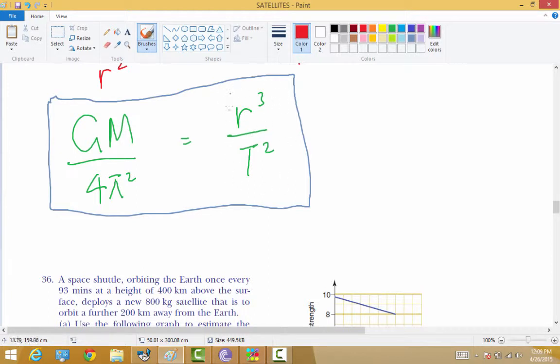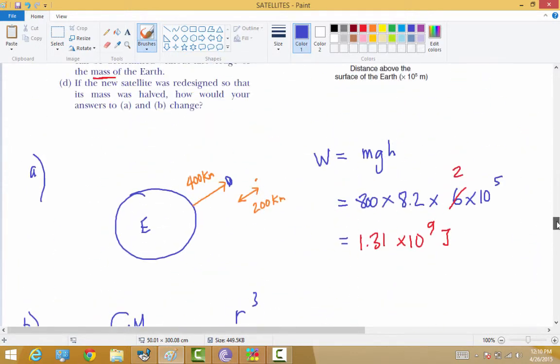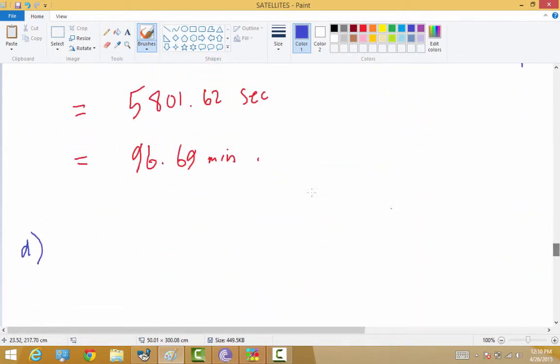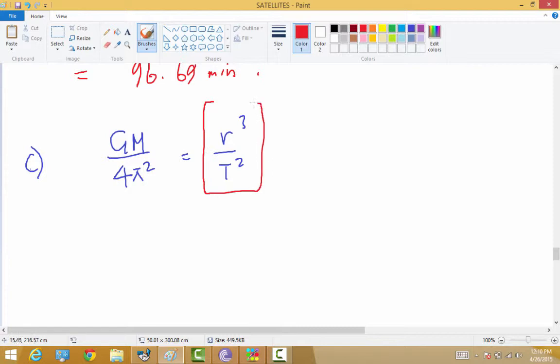We're only going to use the right hand side, R cubed over T squared, knowing that this is a constant for satellites going around a common body.